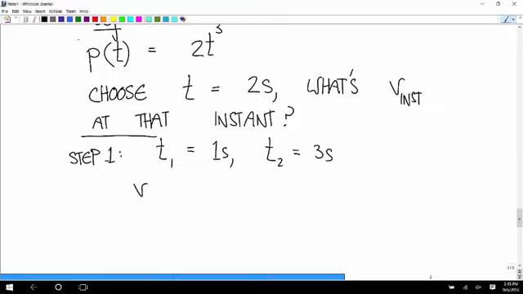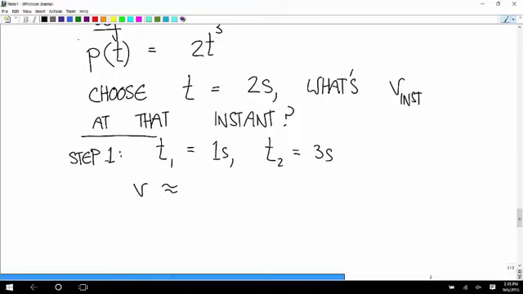So the instantaneous velocity is about equal to, well, the formula for the average velocity is the position at the later time minus the position at the earlier time, divided by the elapsed time. So how do we calculate the position at the later time? We can just plug it in.